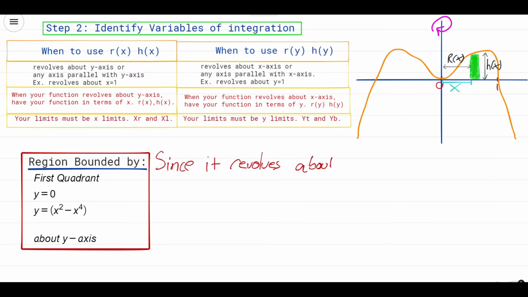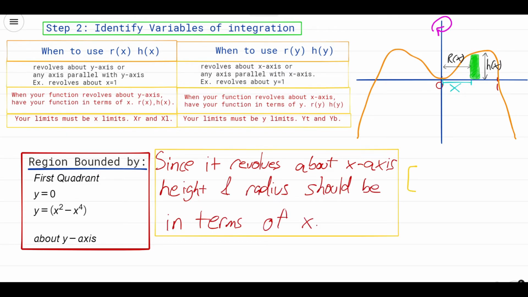So since it revolves about the x-axis, the height and radius should be in terms of x. Or rather, since it revolves about the y-axis, that's supposed to say y. So h of x is equal to x squared minus x to the 4th power. r of x is equal to x. And this right here is supposed to say y.